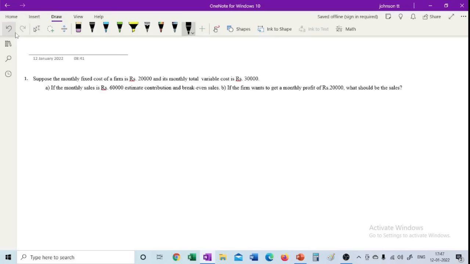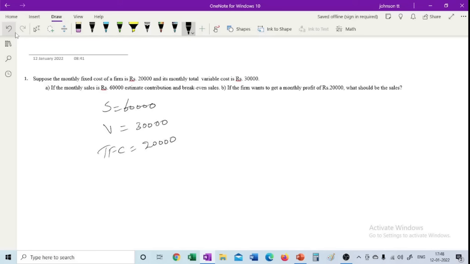So here, the total sales is equal to 60,000. V, the total variable cost is equal to 30,000. And the TFC is equal to 20,000.